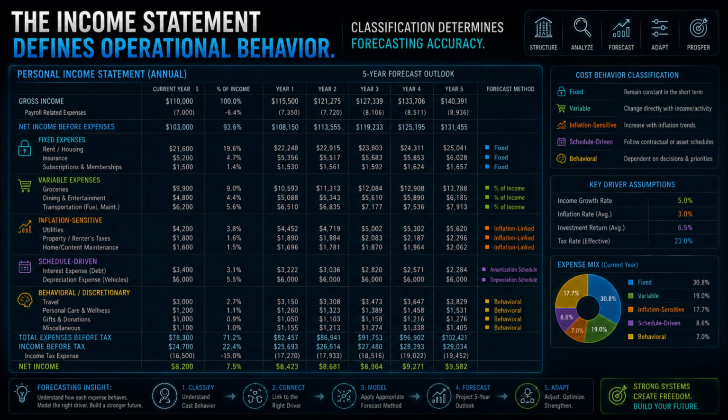Then we just take that 15% and apply it to the increased gross income for year 1, 2, 3, etc. That then gives us our net income, as you can see on the bottom line, for the current year, years 1, 2, 3, 4, and 5. And ideally, if you've got this structured correctly, that net income figure is going to be growing rather than shrinking.